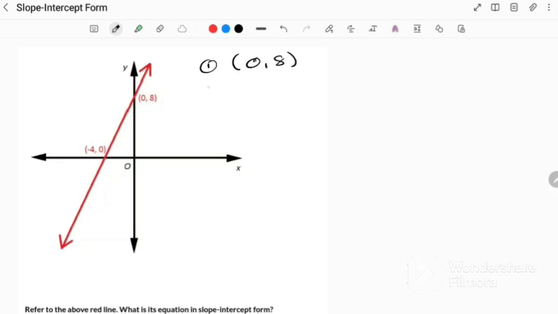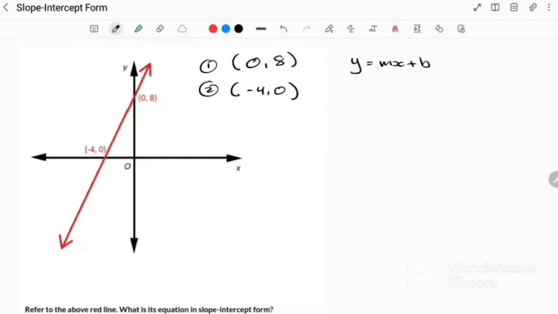And we have coordinate 2, which is -4, 0. Using these, we have to find the equation of the line in the slope-intercept form. The slope-intercept form is y is equal to mx plus b.